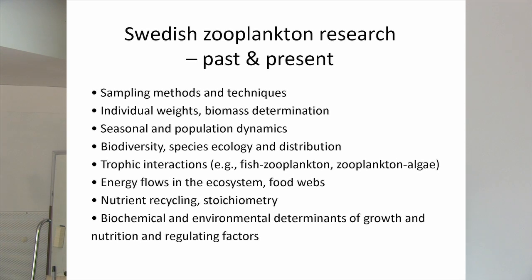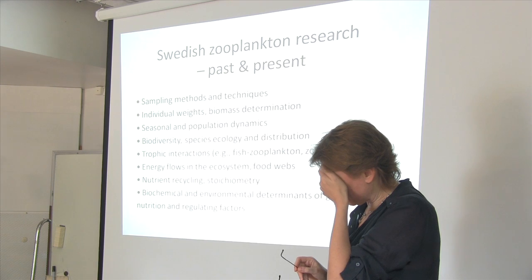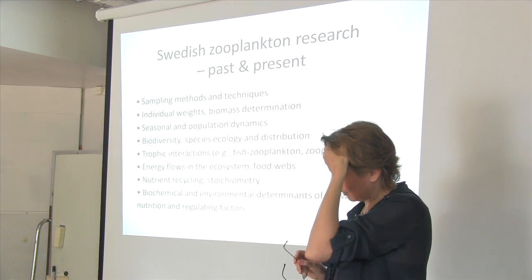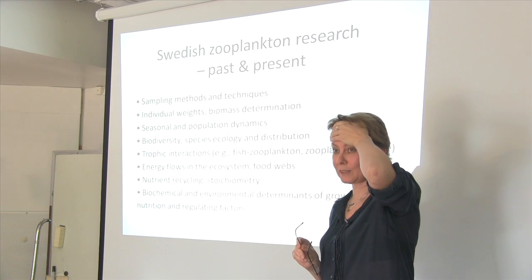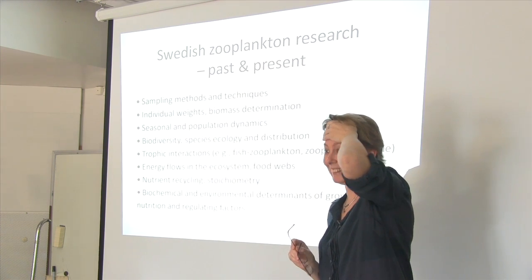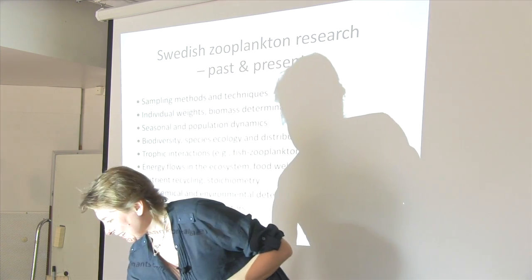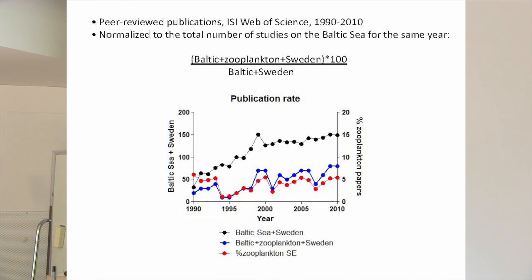A little excursion into Swedish zooplankton research. It actually started a few years back with my Finnish colleague. We started to count who published more, Finns or Swedes, about zooplankton. Normalization was needed because generally the publication rate is going up regardless of subject.